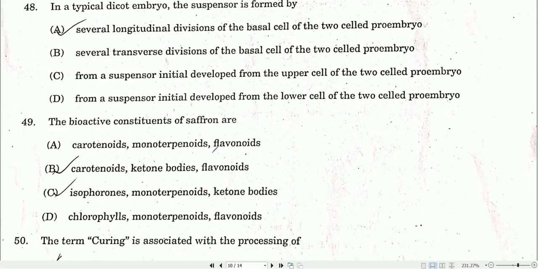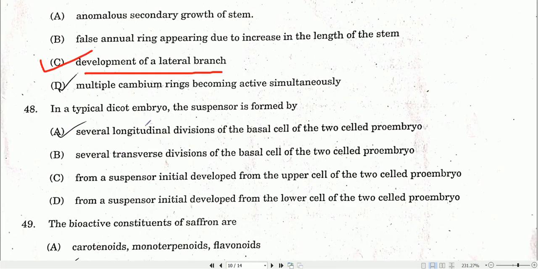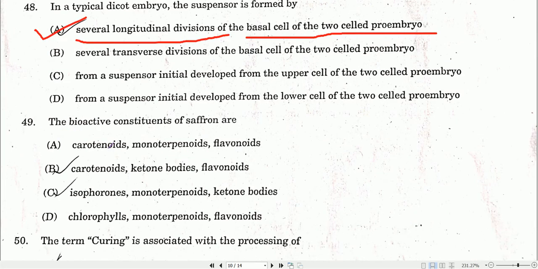Coming to question number 48, in a typical dicot embryo, the suspensor is formed by several longitudinal divisions of the basal cell of the two-cell proembryo. So option A will be the correct one. Coming to question number 49, the bioactive constituent of saffron. This question is regarding saffron.